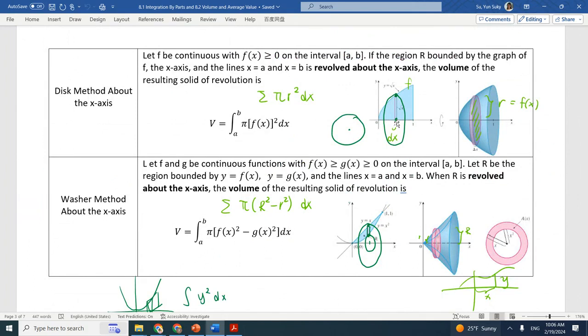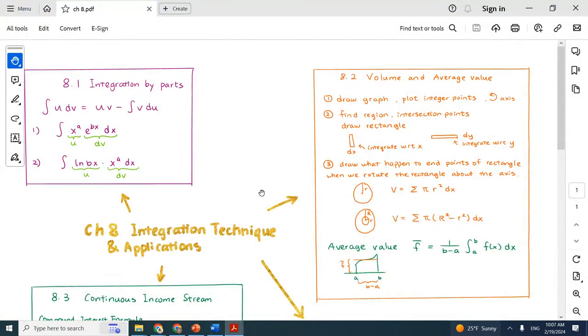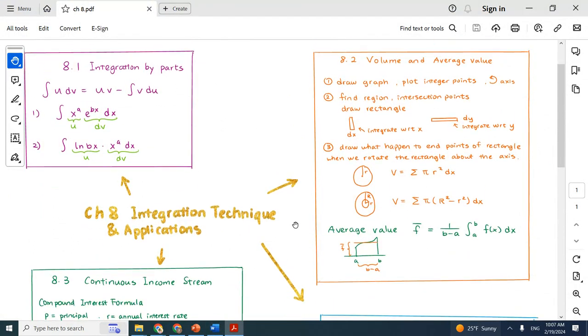If you cut it and you get this, then it's the disk method. And the area of a circle is pi r squared. And if we get an annulus, then the cross-section area of the annulus is pi big R squared minus small r squared. Do you still remember that? And so keep this Chapter 8 concept map with you, because it has everything we learned in this chapter.